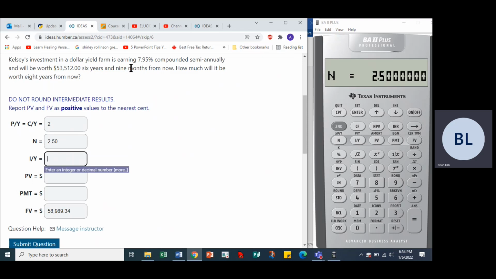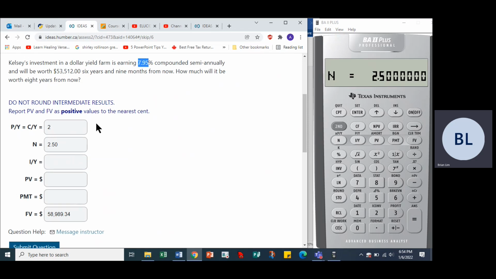The IY value is this number right up here, 7.95. Present value would be this number right here, 53512, and the payment is 0.